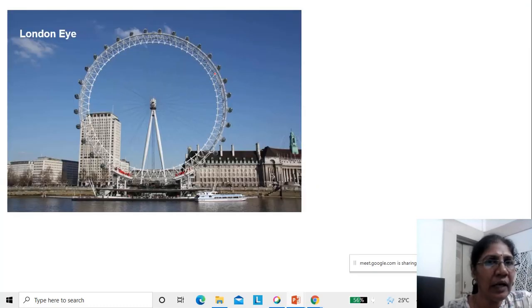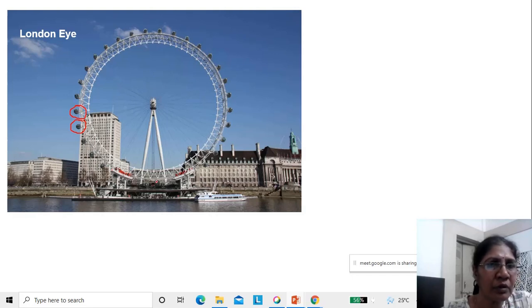This is London Eye, and unlike the giant wheels that we find in our country, this giant wheel houses each such cubicle or cabin, each basket also we can say, which could accommodate so many people.